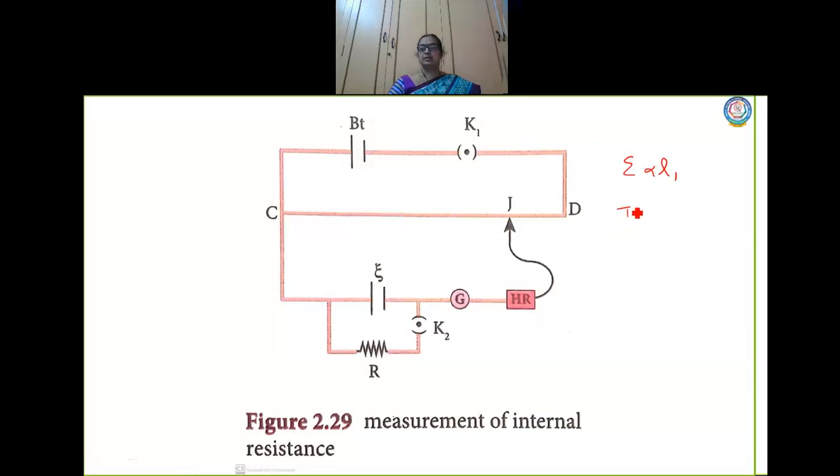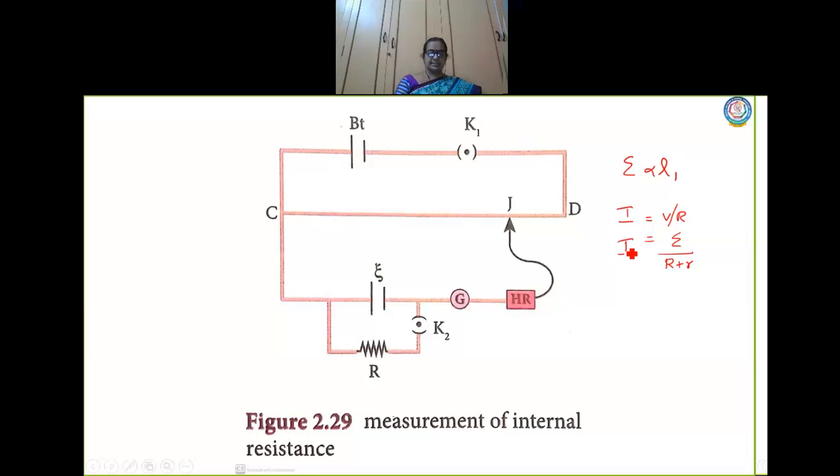I is equal to V by R. V is nothing but psi. R is, I need to include the internal resistance of the cell and also the external resistance. So I have r plus R. This is the value of I that is flowing across the wire.